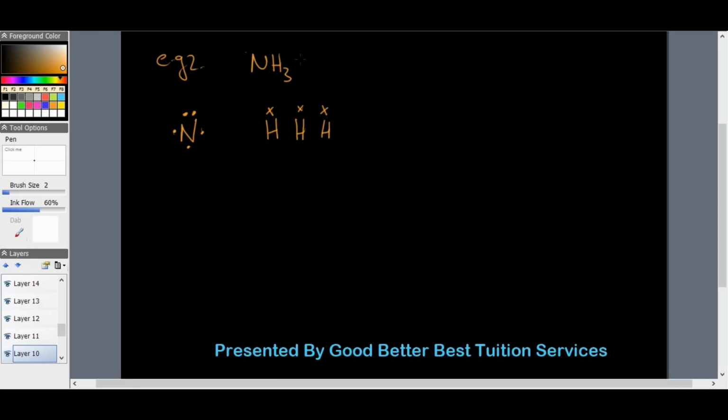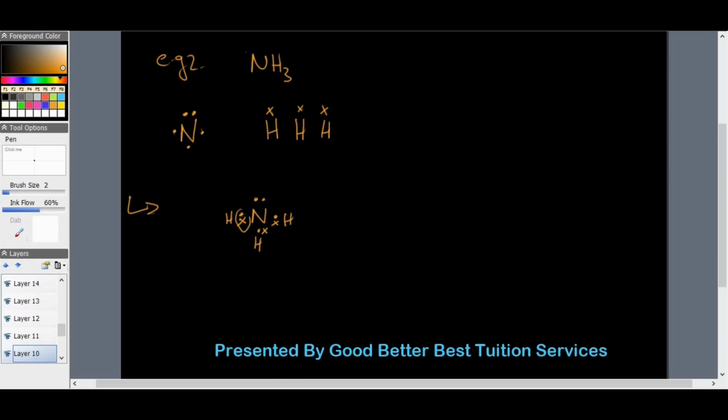So if you want to draw the Lewis structure for this, let's come over here. We have nitrogen with its lone pair up top here, and its 3 valence electrons. And all we do is when we bond in the hydrogen, we draw in the X's, and we write the hydrogen here on either side.